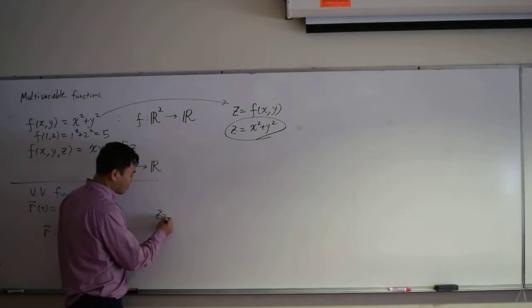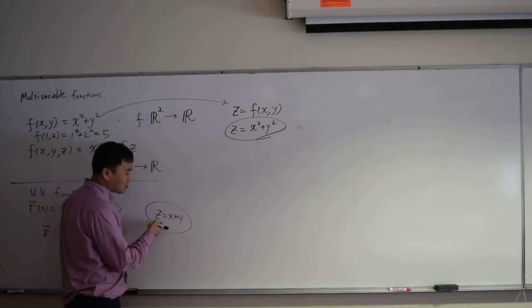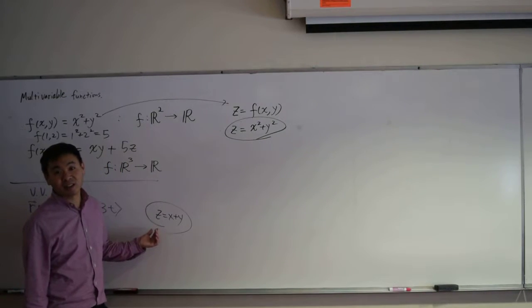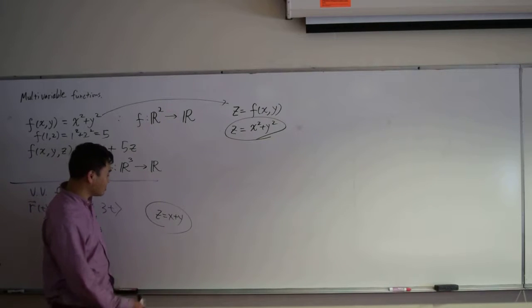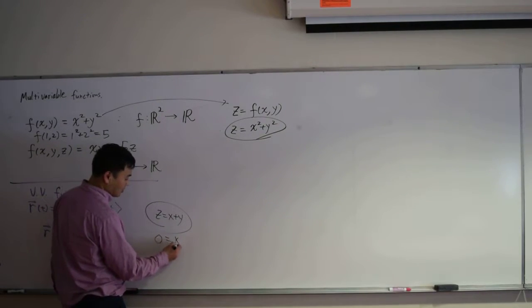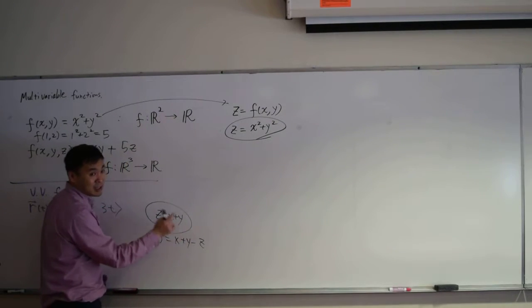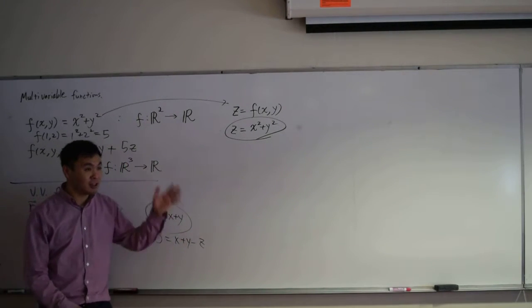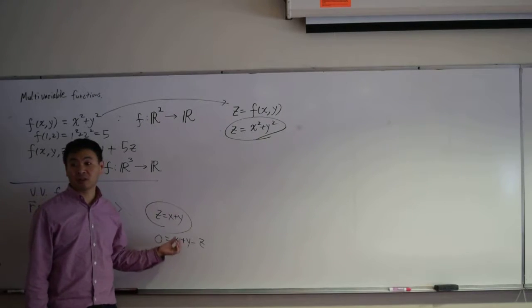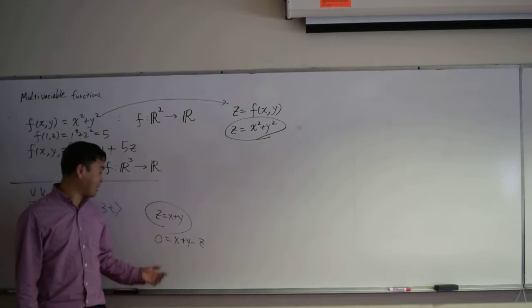Question: z equals x plus y, what's the graph of this? Is this a line? No, what is it? It's a plane, right? It's a plane whose normal vector is 1, 1, negative 1. It's a plane which is perpendicular to the vector 1, 1, negative 1, passing through the origin, right?